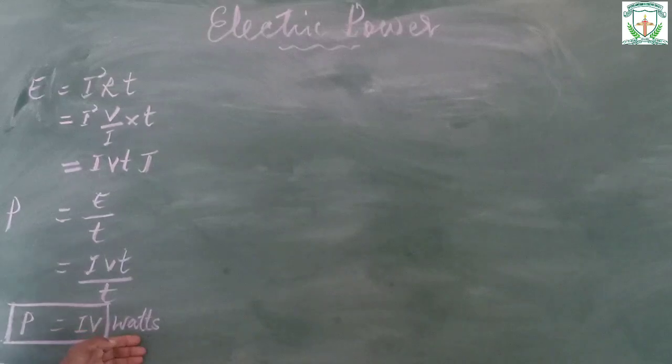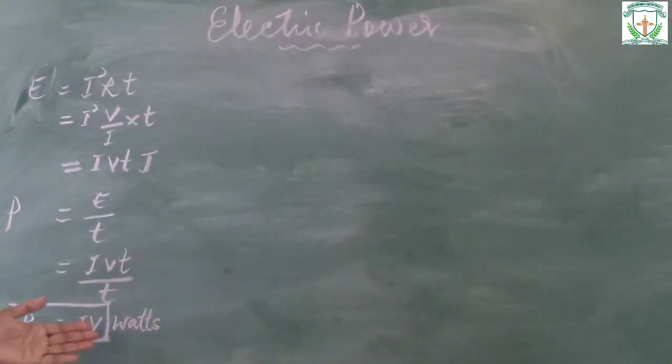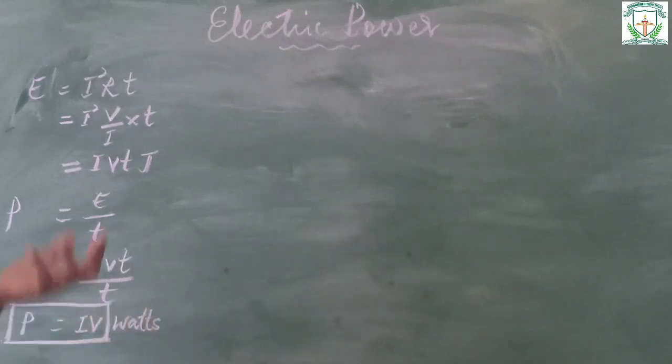What is this watts? It is the unit of power. We have come across this unit watts long back in our previous classes, 9th or 8th standards. So P is equal to IV watts.